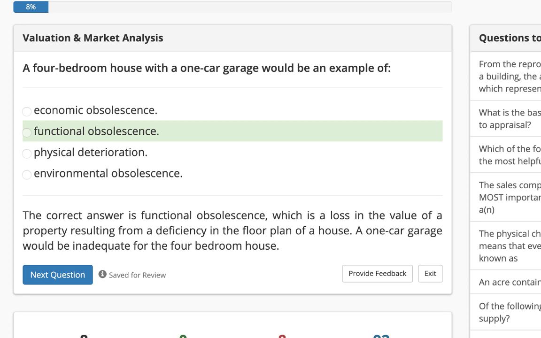Like if you're unhappy with the increasing economic obsolescence of your home, your only real option is to sell the home, probably at a loss because of the economic obsolescence, or to band together in some sort of neighborhood watch program or group that tries to get the economic situation back on track. You don't have a lot of direct control over it. What about physical deterioration? Can anybody think of a good example of physical deterioration in a home?